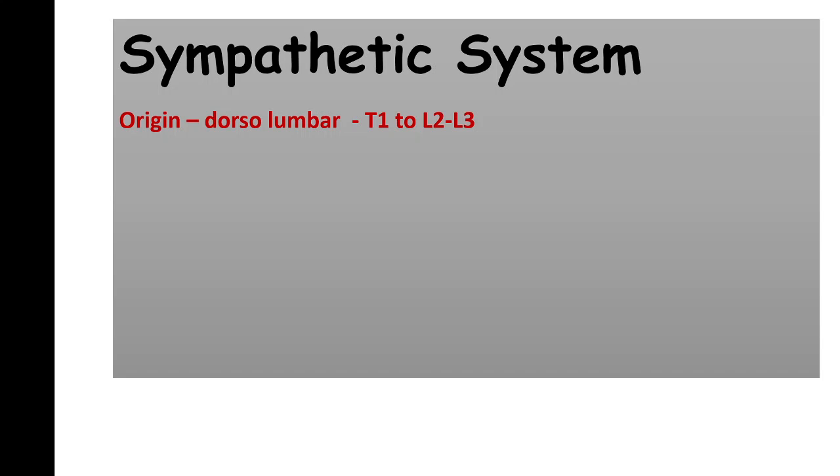Now in sympathetic system, the nerve ganglia are away from the organ supplied. Suppose an organ is there and the nerve is supplying the organ, but the ganglia is far away from the organ.